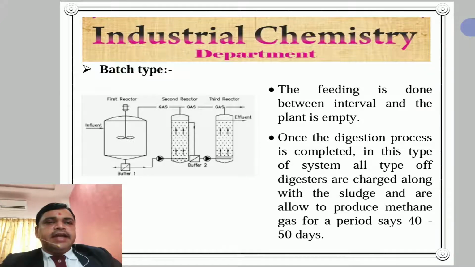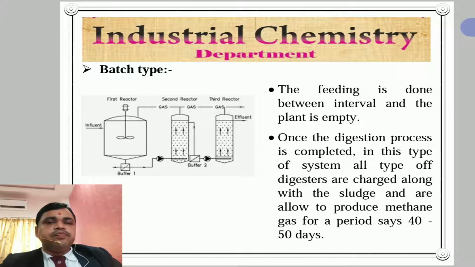Once the digestion process is completed in this type of system, all the digesters are charged along with the sludge and are allowed to produce methane gas for a period of 40 to 50 days.